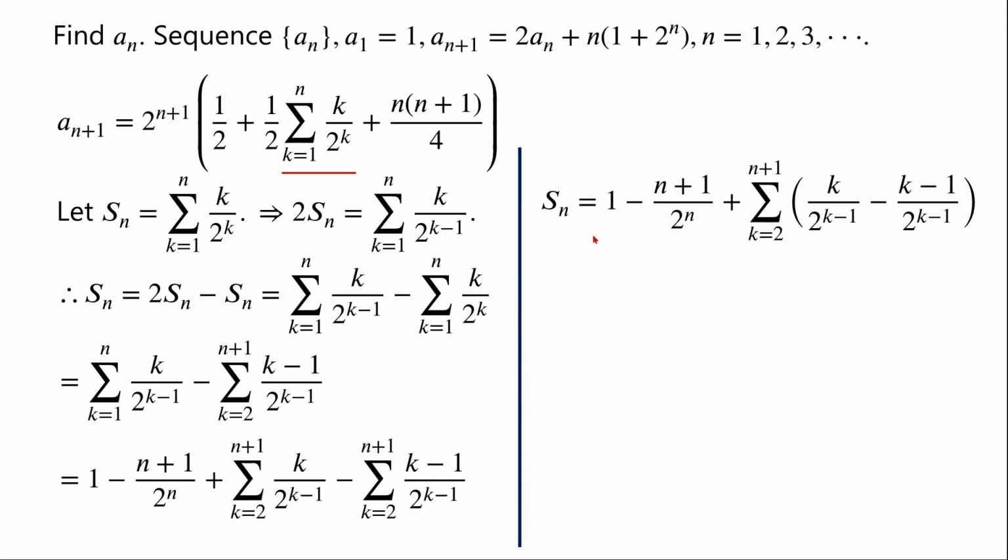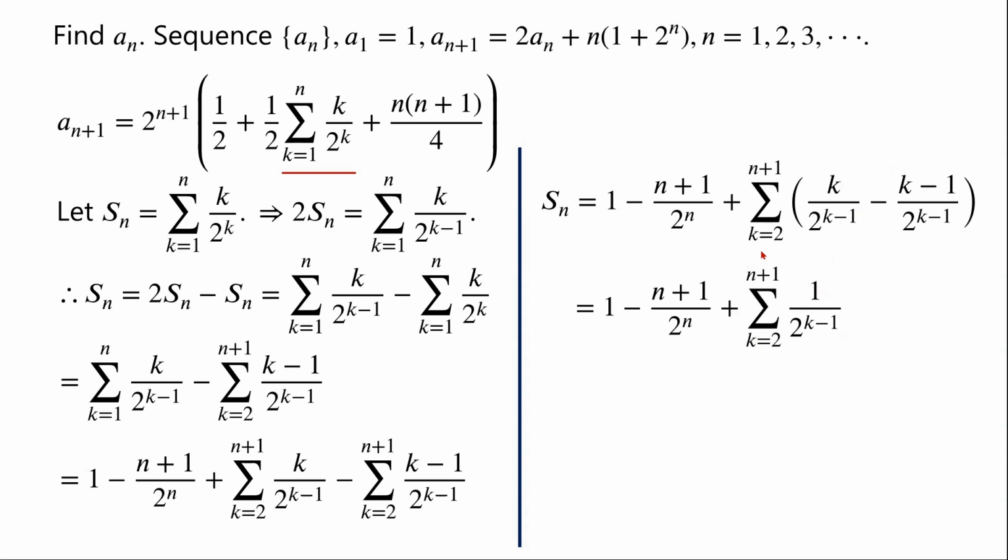So Sn can be written as 1 minus (n plus 1) over 2 to the power of n plus sigma k equals 2 to n plus 1 of k over 2 to the power of k minus 1, minus (k minus 1) over 2 to the power of k minus 1. The k over 2 to the power of k minus 1 and minus k over 2 to the power of k minus 1 cancel.